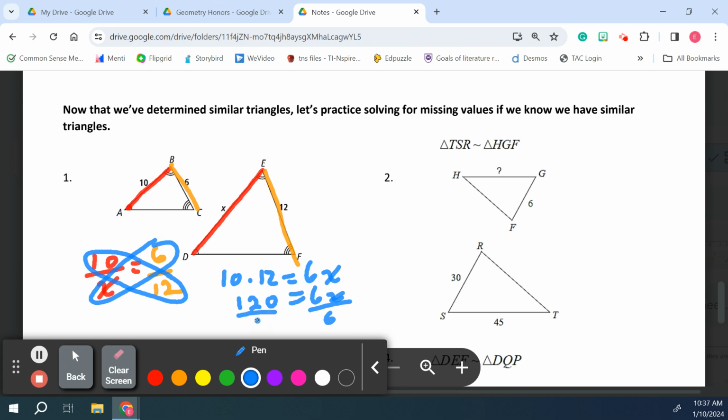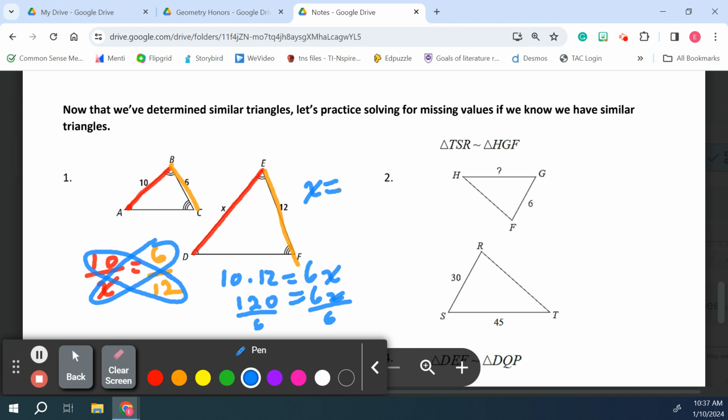So divide both sides by 6. What is 120 divided by 6 going to give me? 120 divided by 6.